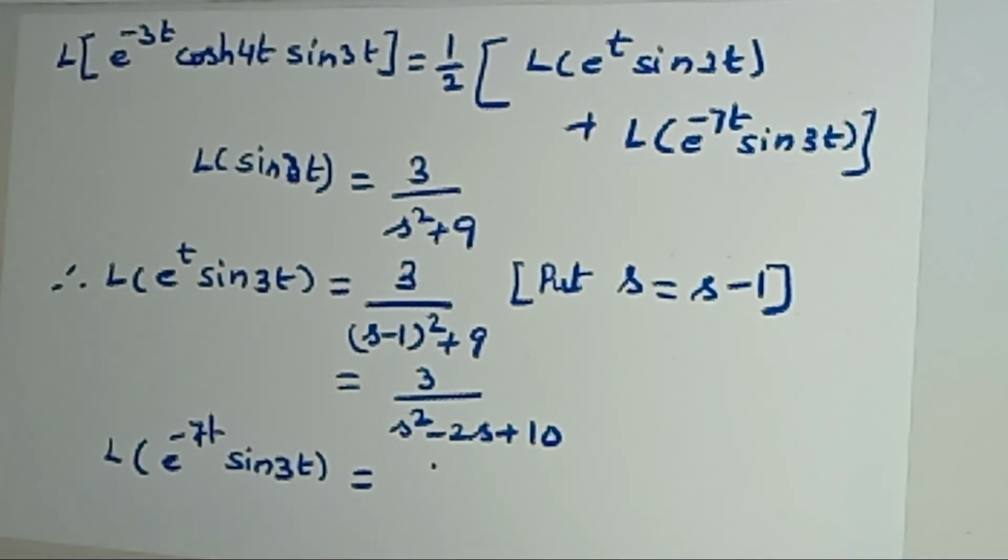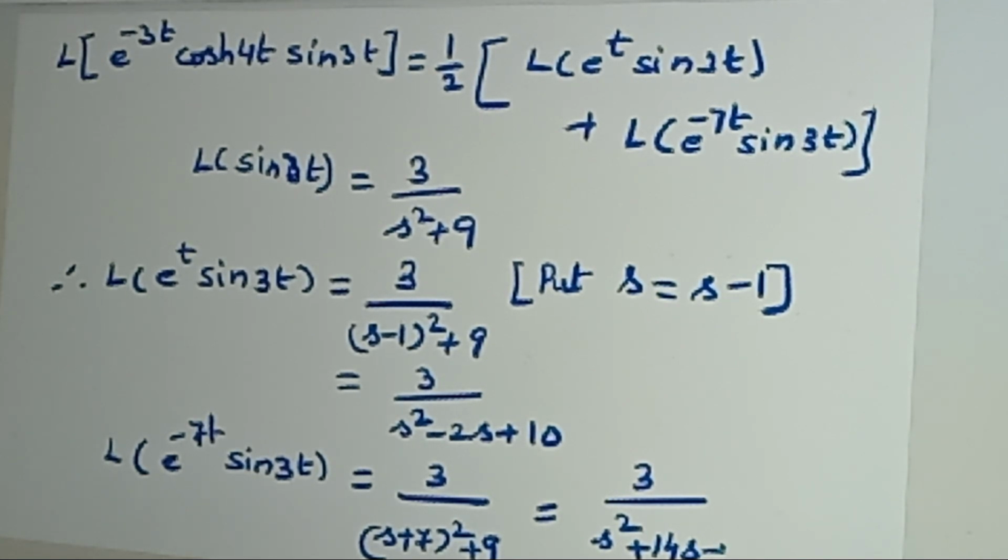Therefore, the answer will be equal to what? 3 upon s plus 7 the whole square plus 9. Simplify करने के बाद 3 upon what you'll be getting? s square plus 14s plus what you'll be getting? 49 plus 9. 49 plus 9 is nothing but what? 58 you will be getting.